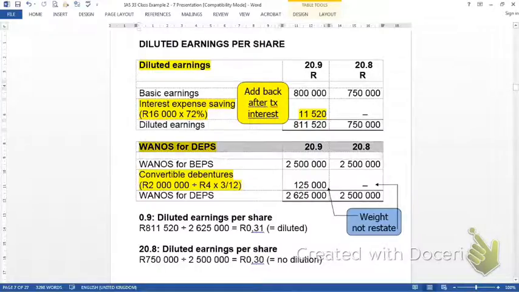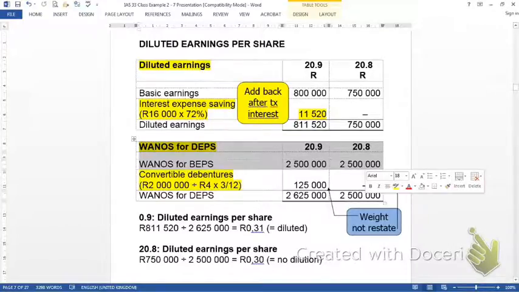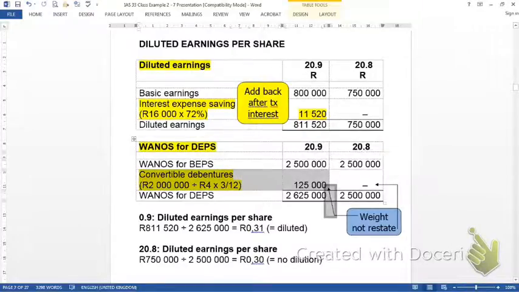Then you calculate the weighted average number of shares for diluted earnings per share. We start off with our basic earnings figure and adjust for the possible convertible debentures, 2 million, and you will issue the shares at 4 rand each.